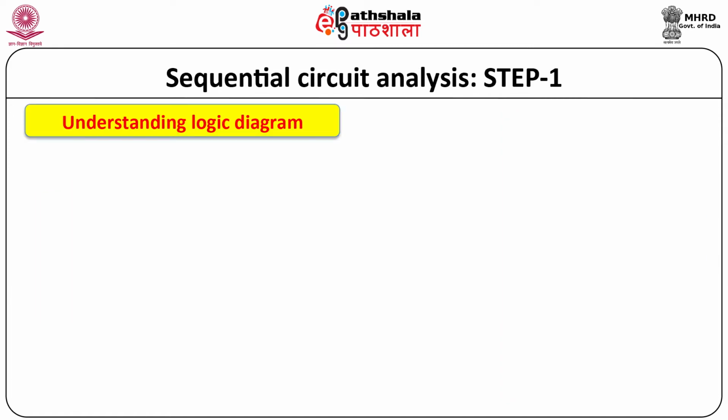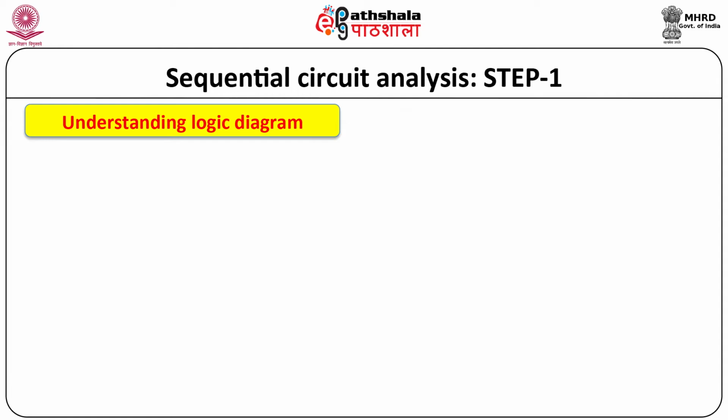Understanding logic diagram. Logic diagram allows the designer to determine the operation of system as the various input signals change. To read and interpret logic diagrams, it is important to understand what each symbol represents.